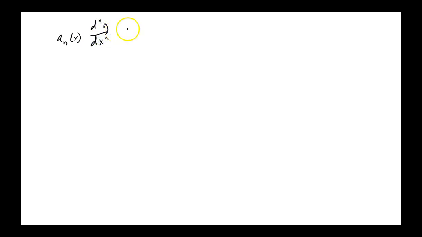Okay, plus a sub n minus 1 of x d^(n-1) y over dx to the n minus 1. I tend to like to put parentheses around those, but he doesn't, so I'm not going to do it. Okay, plus dot dot dot.